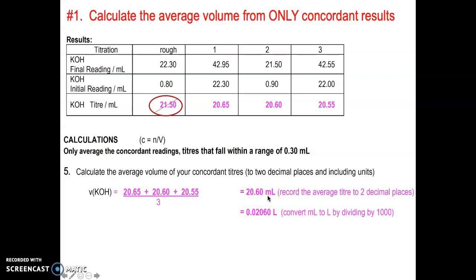Remember, you must record your value with units, and in the case of burette readings, always to 2 decimal places. It's good practice, because you won't get told to do so, to convert the volume now into litres, and to do that you divide by 1000.